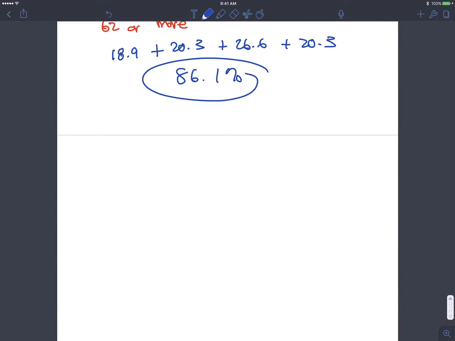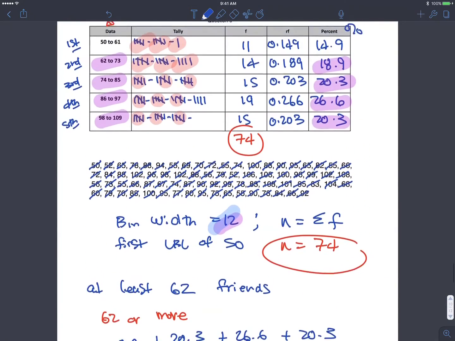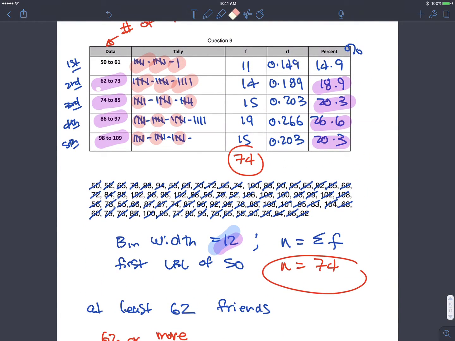Next question, what percent of the sample has more than 85 friends on Facebook?